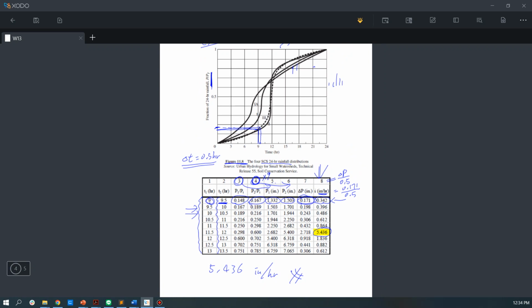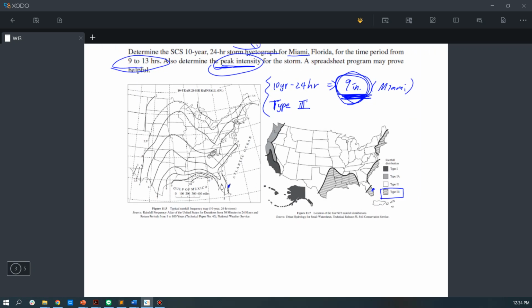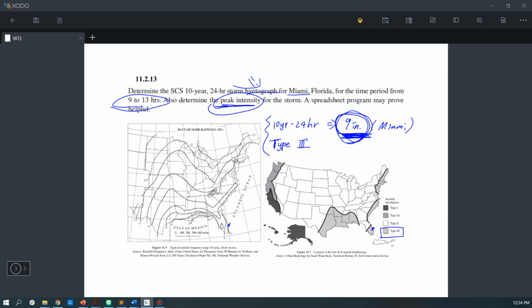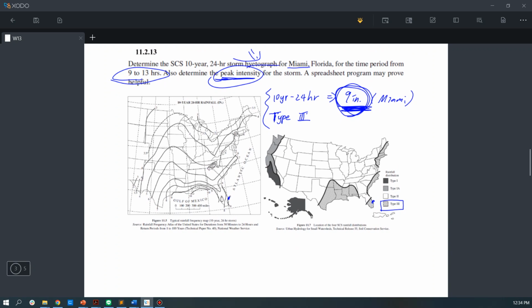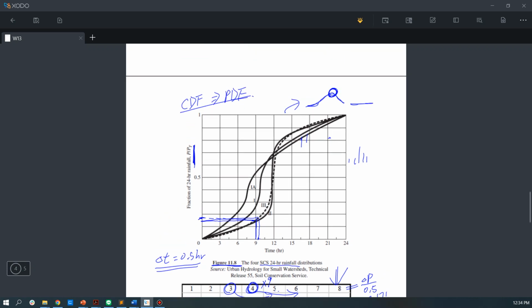The key is that you need to use these two figures to identify the basic information for this 10-year 24-hour storm, and then you use this SCS curve to calculate the hyetograph using this CDF to PDF calculation process that I just described.